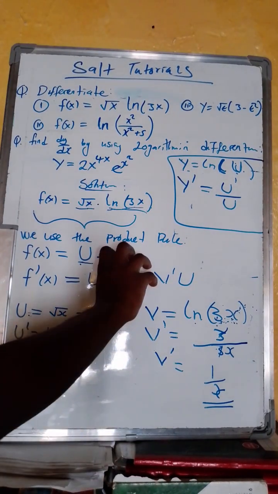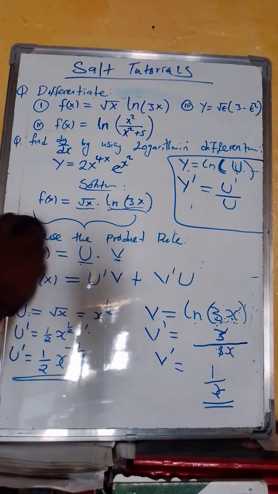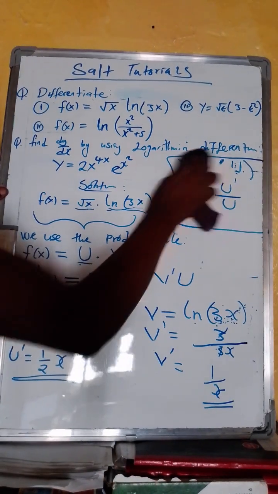Grab all these, put them in that formula and simplify. That is your answer. So now let's put them in the formula and simplify. Let me just jot down my values.